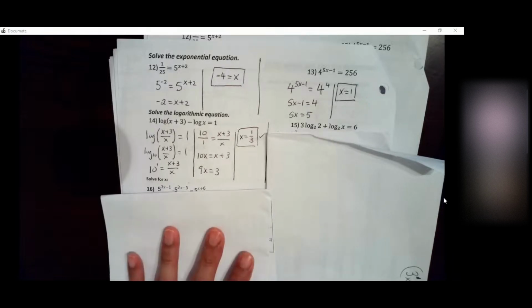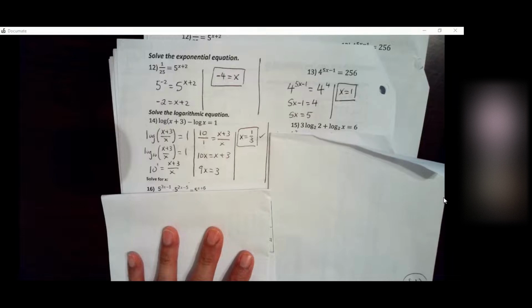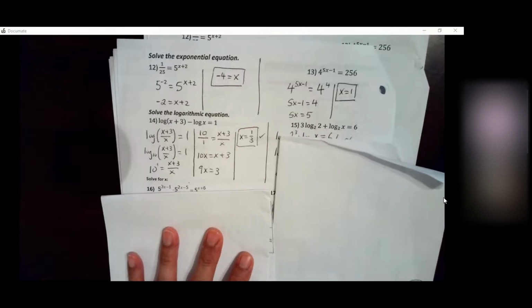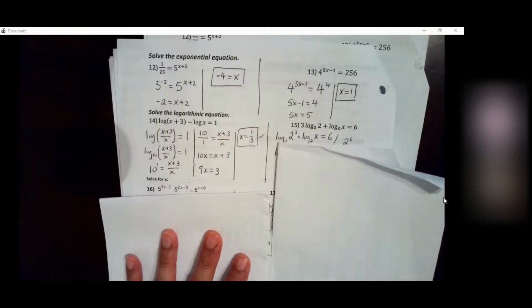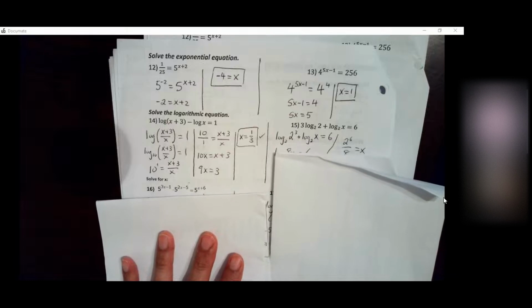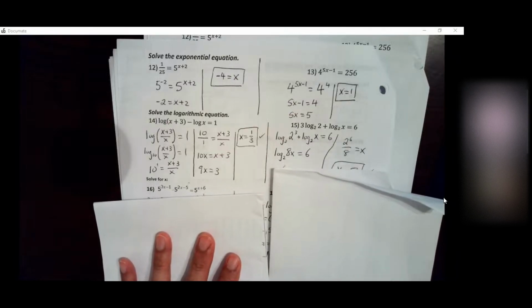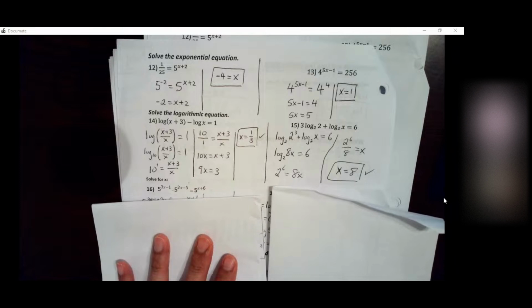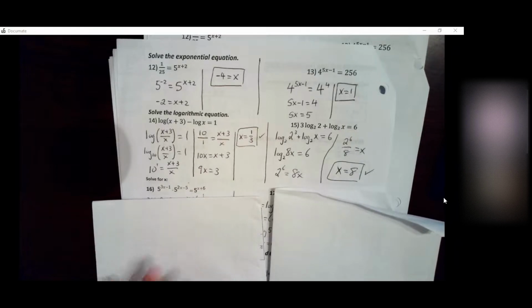Log base 2 of 2 to the third, plus log base 2 of x equals 6. Log base 2 of 2 to the third times x equals 6. So 2 to the 6th equals 2 to the third times x, which is 2 to the 6th equals 8x.